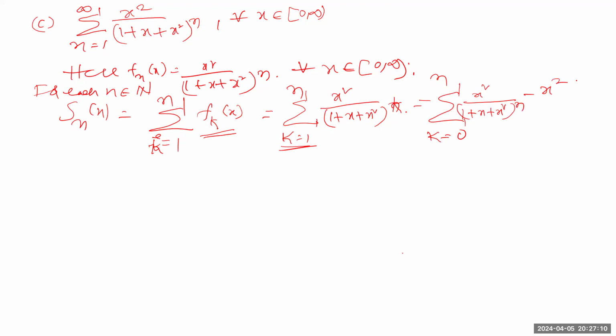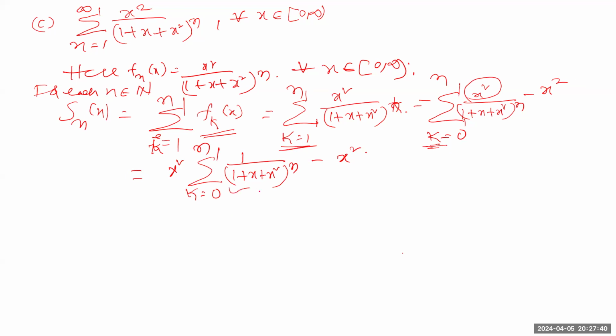Here the numerator x square is independent of k, so you can take it out as common: x square times the summation k equals 0 to n of 1 over (1 plus x square) to the power of k, minus x square.